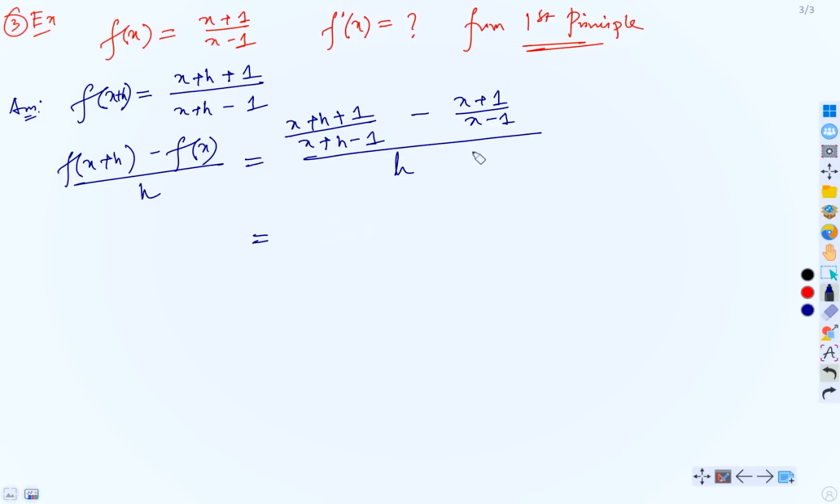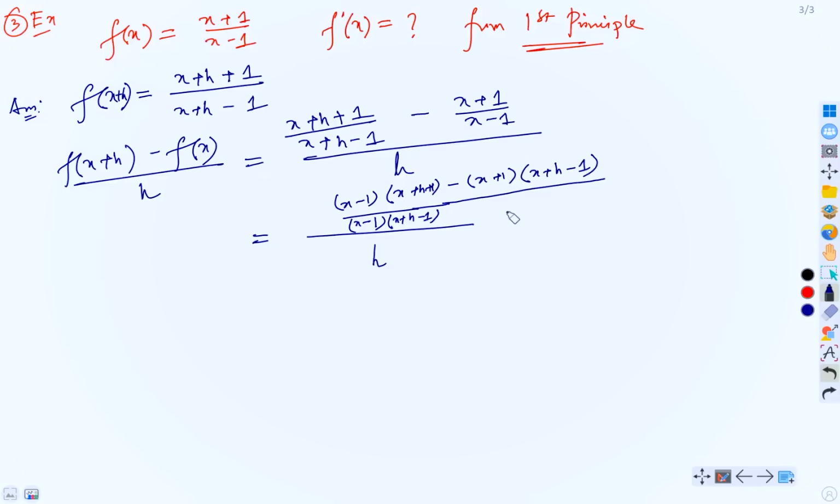I just apply the definition here. And if we now simplify this, we have x minus 1, x plus h minus 1, okay?